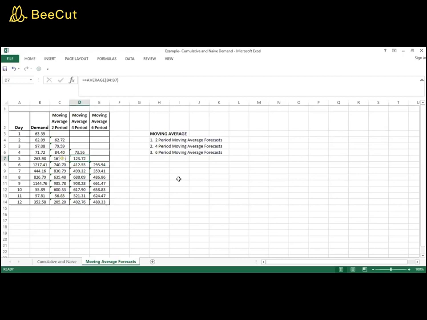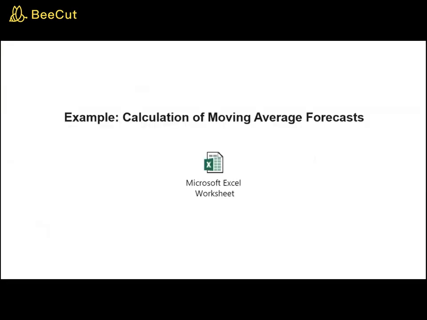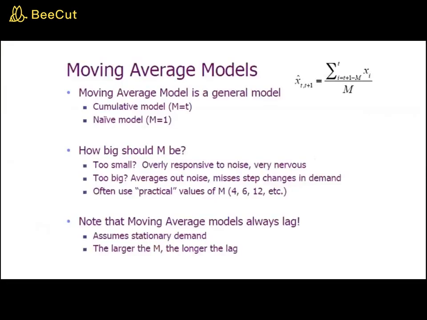I am now going to go back to our lecture and just talk to you a little bit more about moving average, right? Okay, so all of this is just showing you how to calculate a moving average, how to do moving average forecasting.